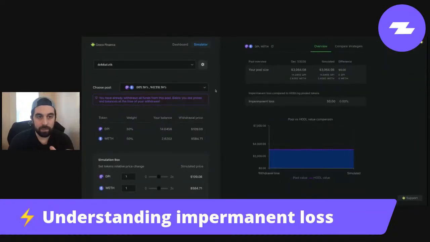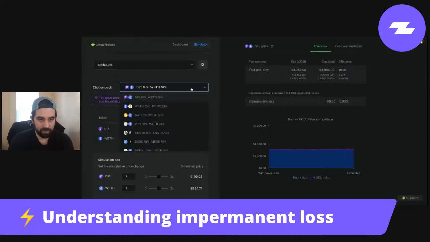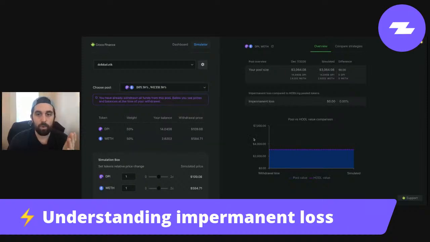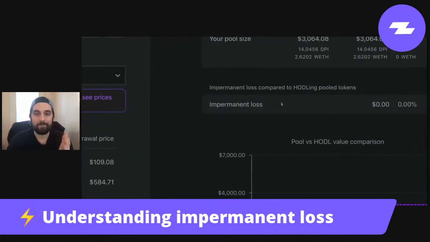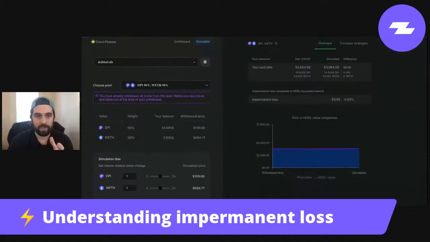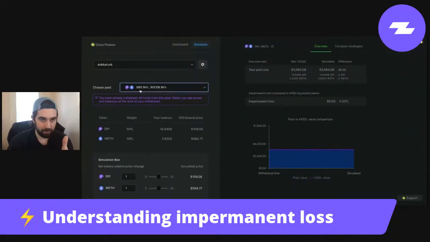And if you go to the simulator, you can choose from any one of these LPs that I've ever had open. And then what you're able to do is start to understand what would have happened if I had just not been an LP and simply held my tokens, simply held the DPI, 50% DPI, 50% Ether.